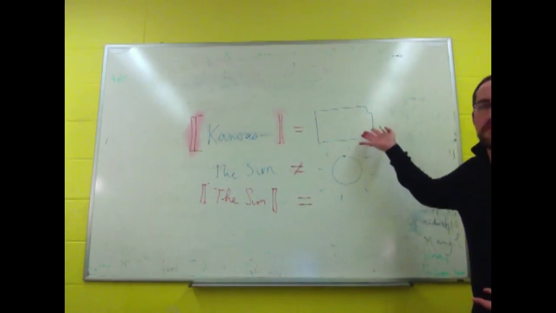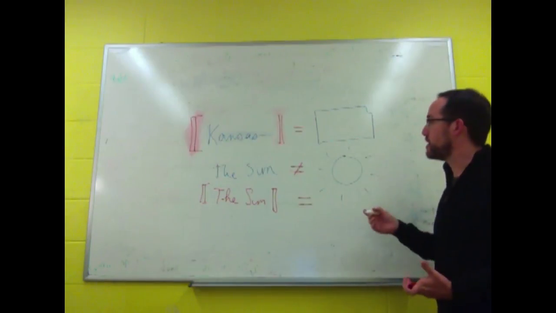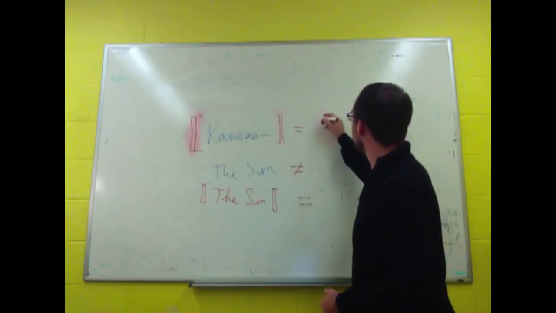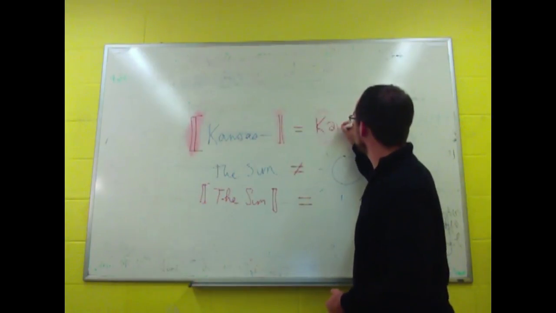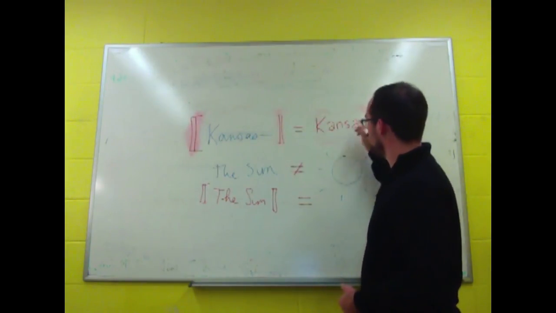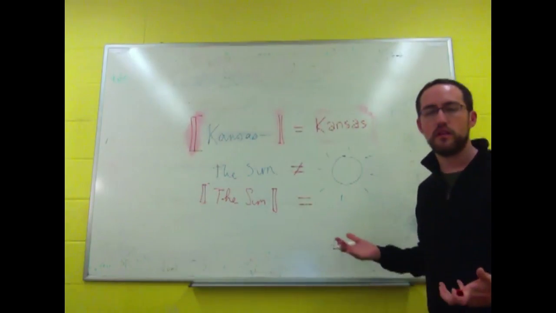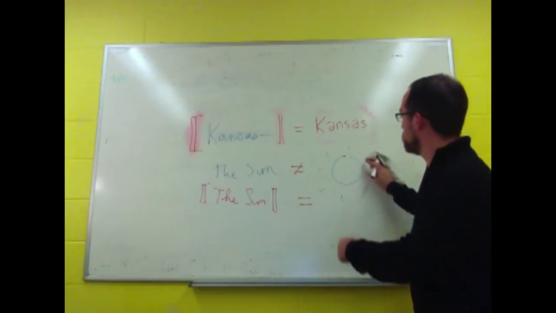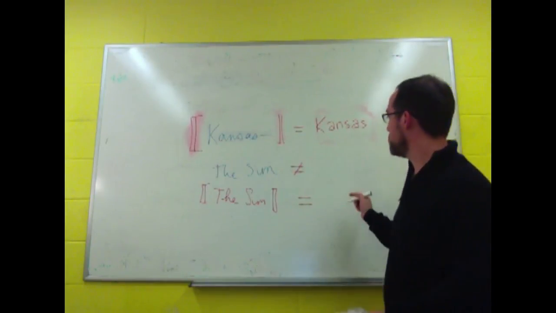Now, we don't have to always draw this out. We can write the word too. So instead of drawing the state of Kansas, we can write in meta language Kansas. Just like we can write out a proposition, we can write out this word, and it's the same thing here.